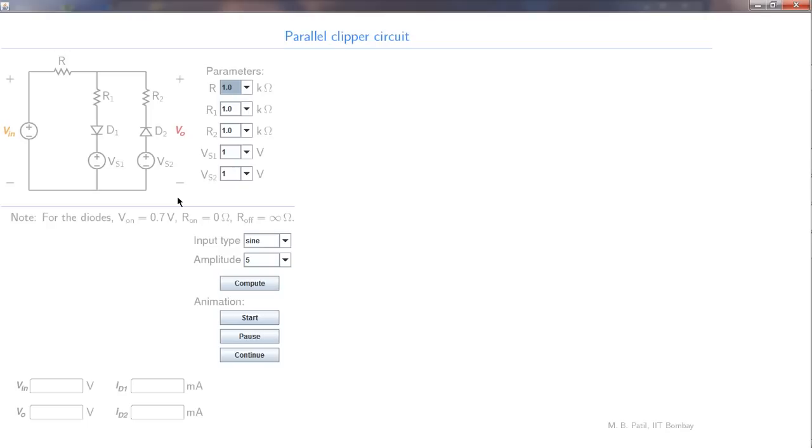Let us now look at some other configurations. First, let us remove this branch by making R2 equal to infinity. So now we have only this circuit, and to begin with, let us make Vs1 equal to 0.